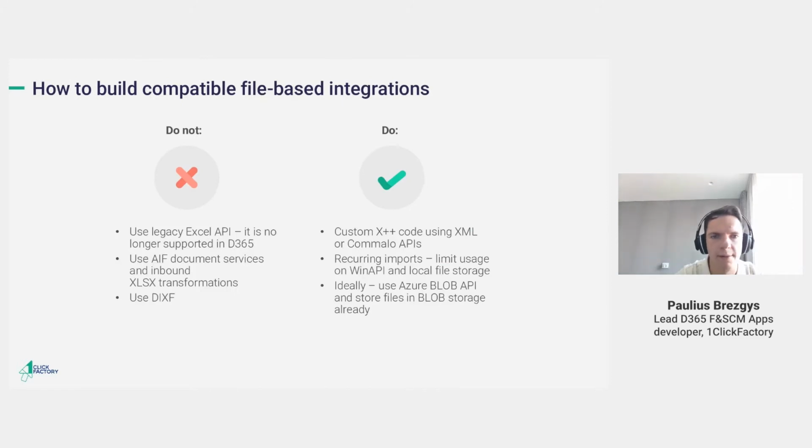Now, what about file-based integrations? On file-based integrations, as I mentioned, there are a few limitations here and there. So first of all, in regards to the Excel API, don't use the legacy Excel API on the integrations that you're going to build. Why? Well, because it's not going to work anymore. Also, don't use AIF document services in AX 2012, and don't use those inbound XSLT transformations.